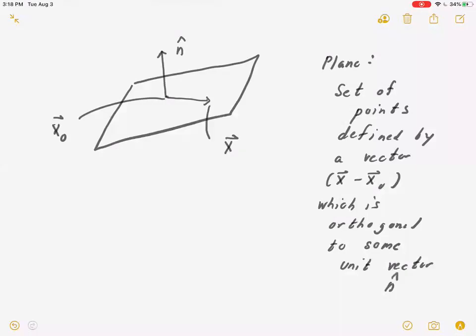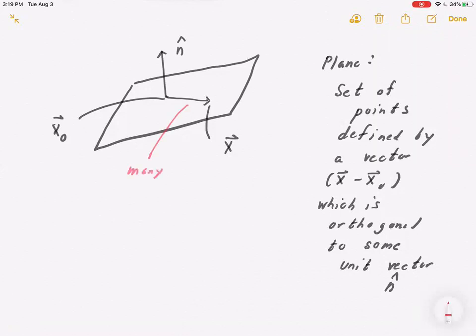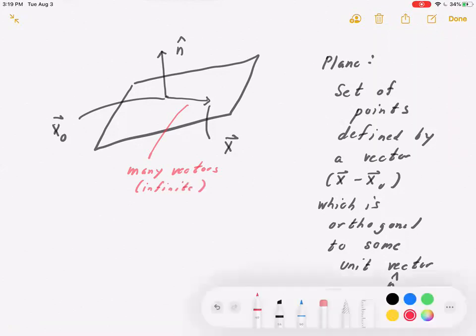And again, this vector is not unique. There are lots of them. So there are many vectors that are going to have this property. In fact, there'll be an infinite number of them. So any plane is going to be an object that has an infinite number of vectors in it that have this particular behavior.